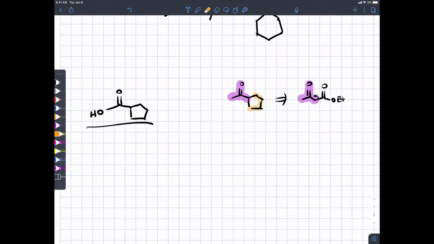But this we're going to have to introduce from somewhere else. We could see an analogous situation here, only what are we going to do about that OH group?